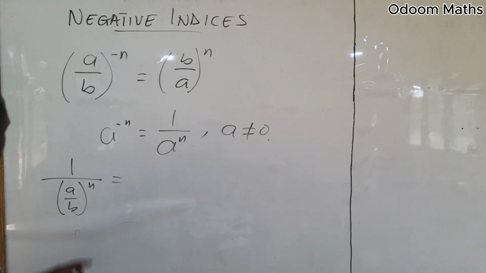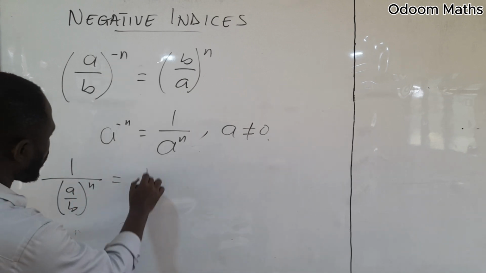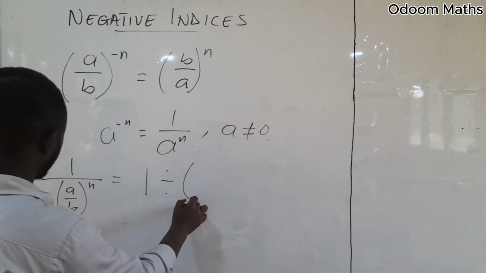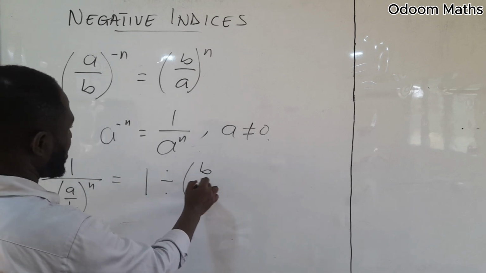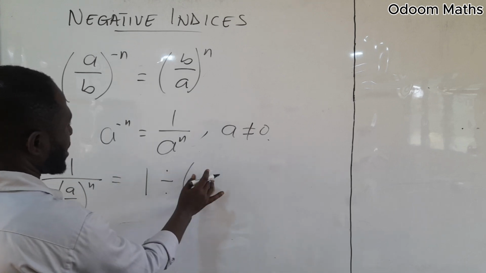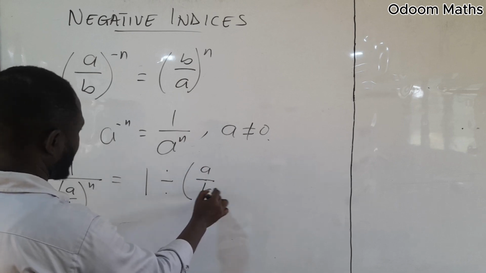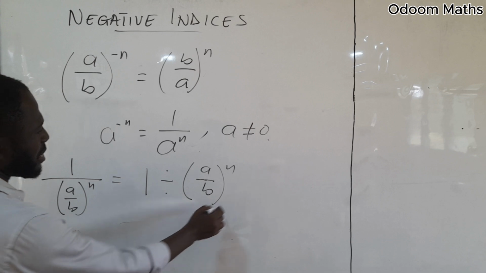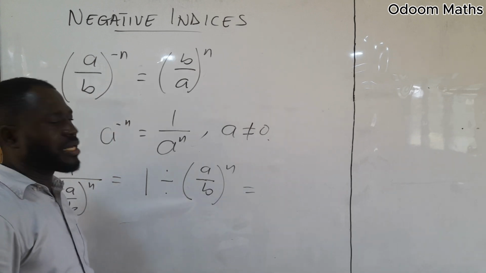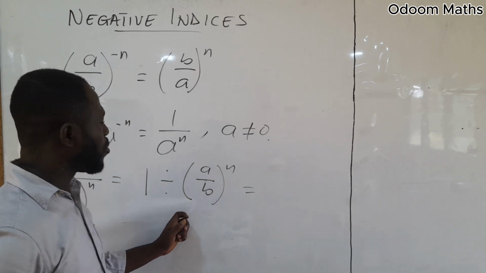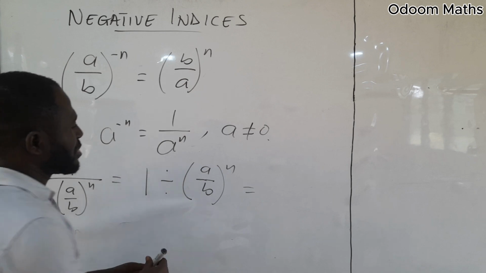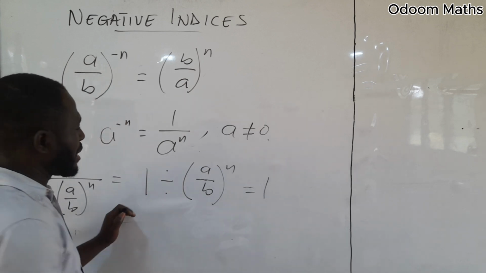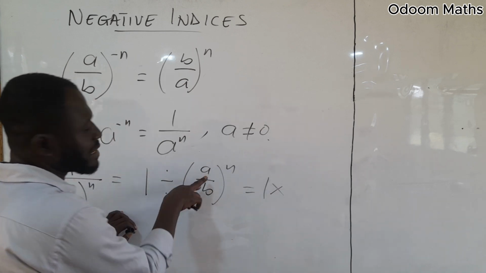Okay. Now we can also put this as 1 divided by, in brackets, a over b to the power n. Now, per the rule for dividing fractions or multiplying fractions, this remains 1, and then we change this to multiplication and turn this upside down.